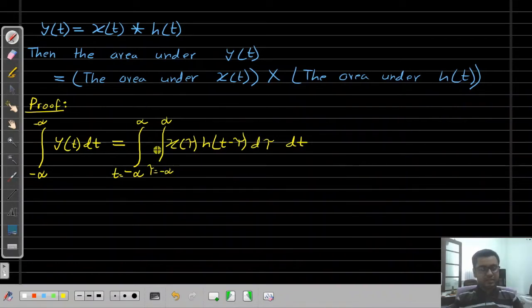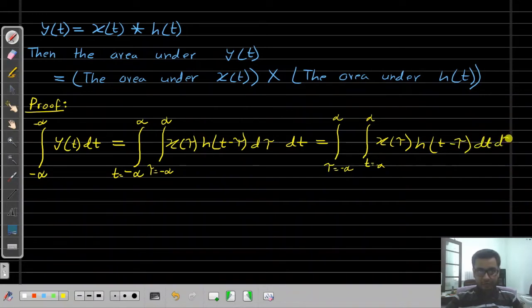Now let us swap the order of integration. Let us first integrate over tau from minus infinity to infinity, then from t equal to minus infinity to infinity, x(tau) h(t minus tau) dt, then d tau.